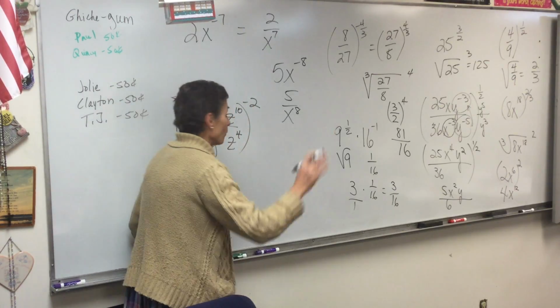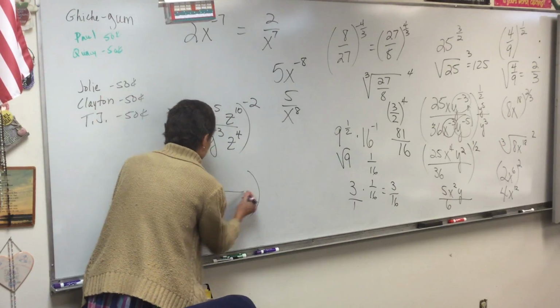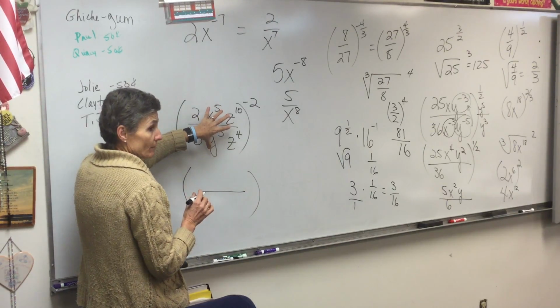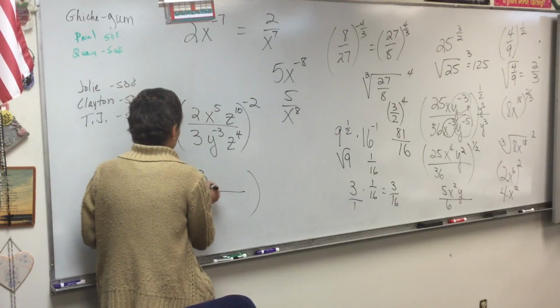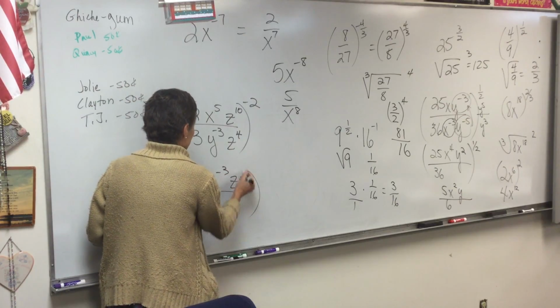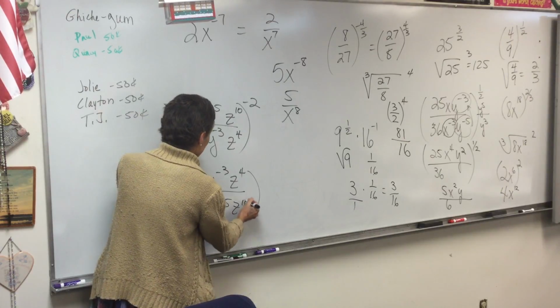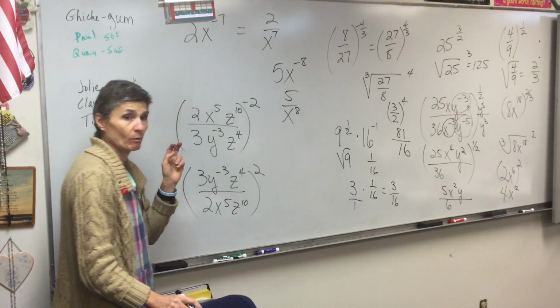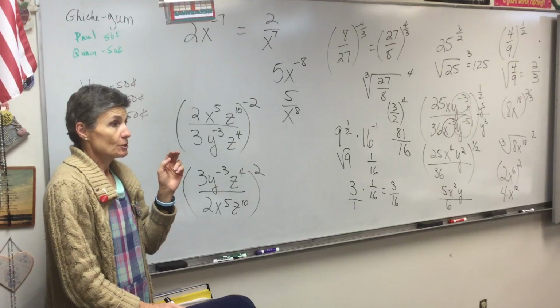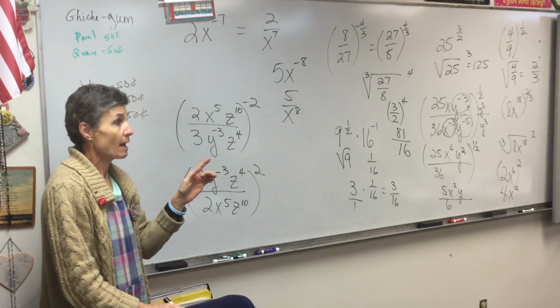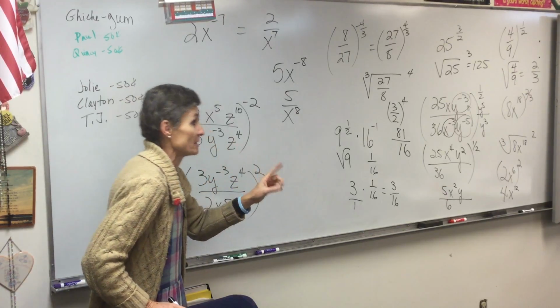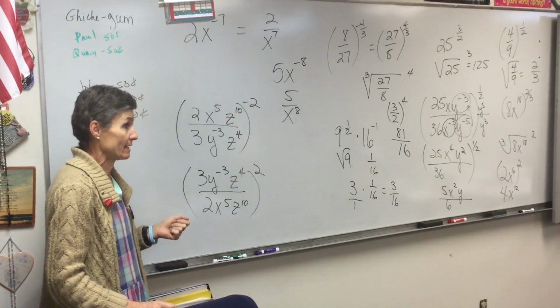That's going to flip it. Now, when you flip it though, kids, there's a lot in here. You flip it all. So 3y to the negative 3rd z to the 4th on top, 2x to the 5th z to the 10th on the bottom. And now it's to the 2nd power. You do not have to start with that step, but at some point you're going to have to flip it. So you can flip it right from the beginning.